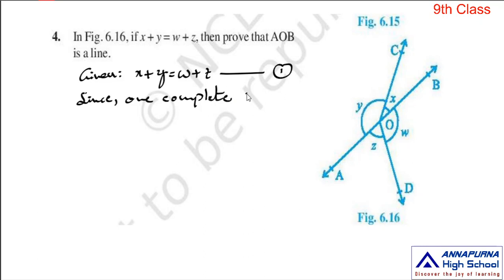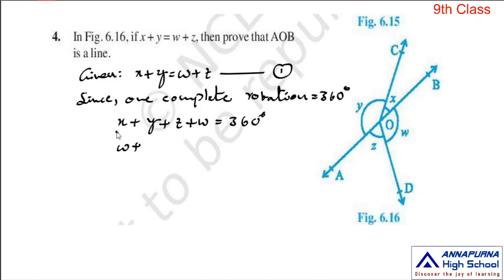Since one complete rotation is equal to 360 degrees, see the figure: x plus y plus z plus w is equal to 360 degrees. Given condition x plus y is equal to w plus z, so w plus z plus w plus z is equal to 360 degrees.